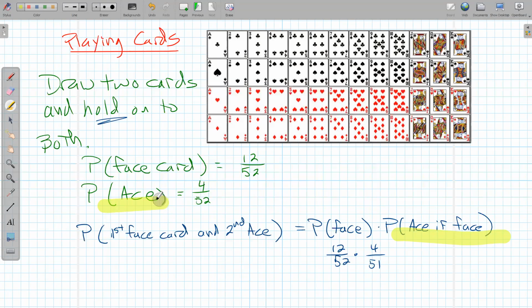Just drawing an ace, not thinking about a face card, it should be 4 out of 52. But if we draw an ace, knowing we already have a face card in our hand, there's less cards in the deck. So that probability changed. So in this case, since I'm holding on to cards, these events are not independent. Right, this information mattered.